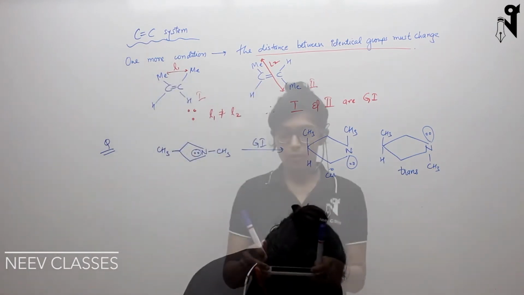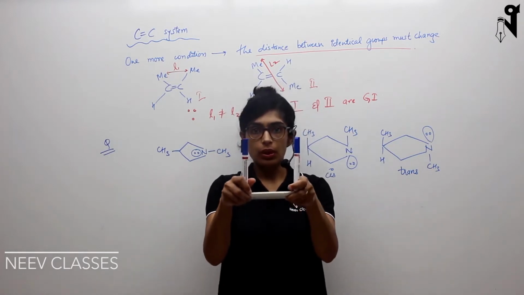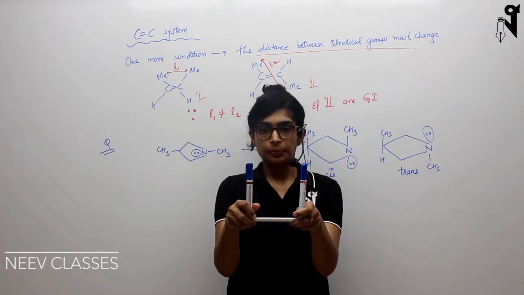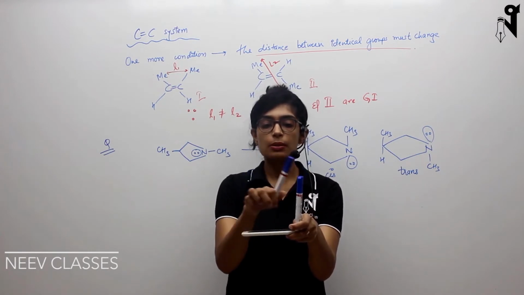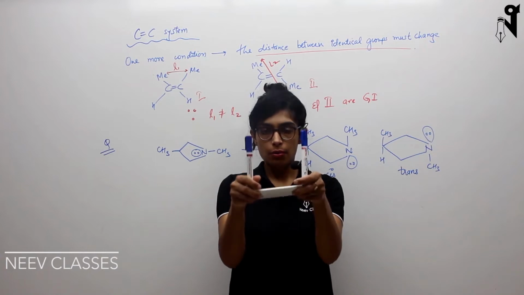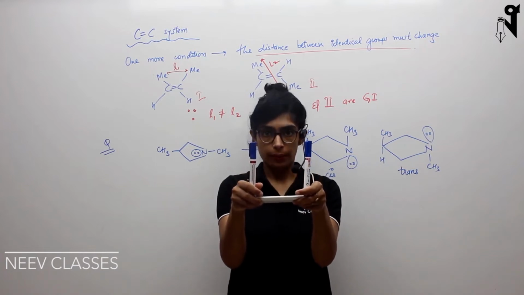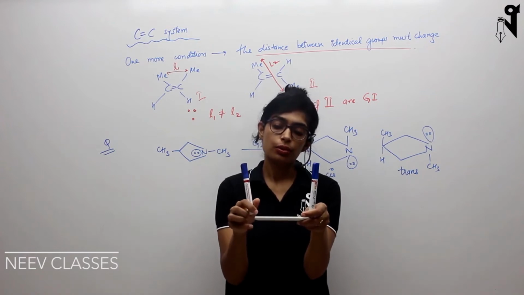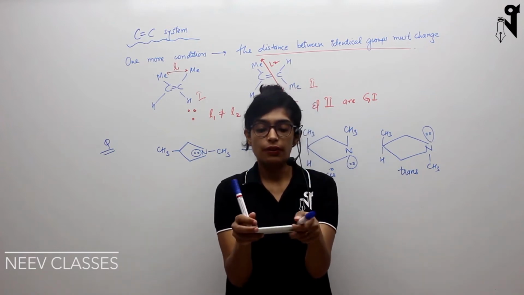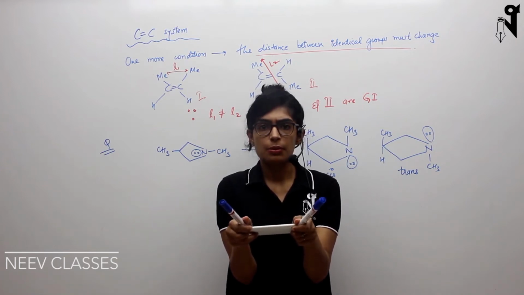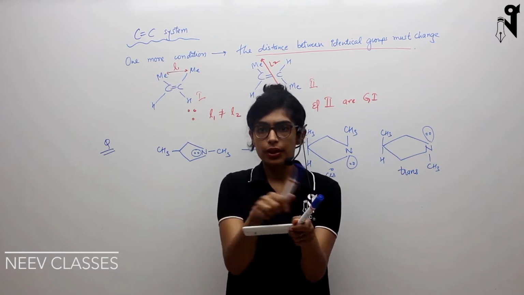Let's say this is my carbon double bond carbon, and these are two CH3 in the cis form. So whatever the distance between these two, from here to here, that is L1. Okay, that is a certain distance. And now if I shift it to this side, there must be some distance between this and this over here.